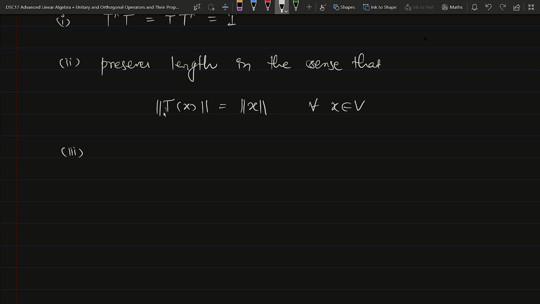Now the third part is about preserving the inner product.